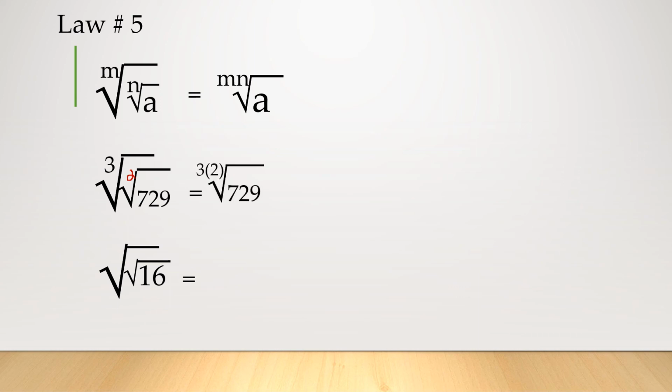So that is 3 times 2, which means that the index now is equal to 6. So I have now the 6th root of 729. What does it mean now? What number raised to 6? The answer is 729. Okay? And that is 3 raised to 6.